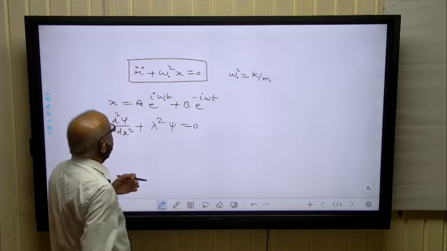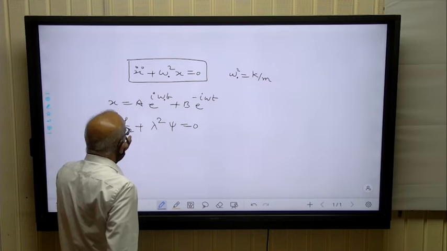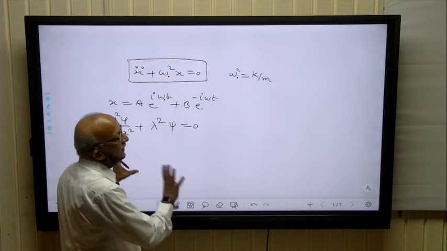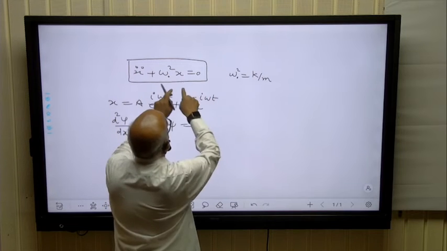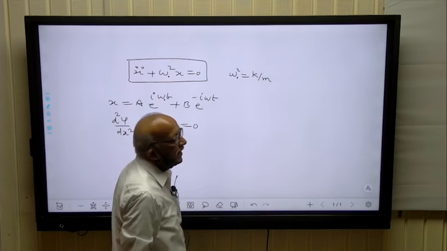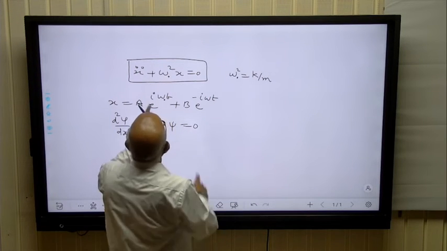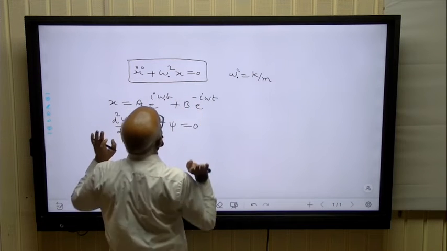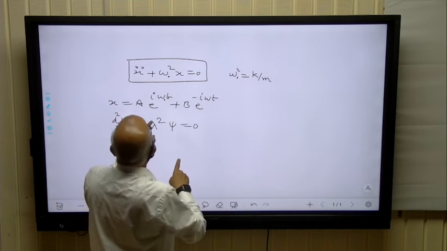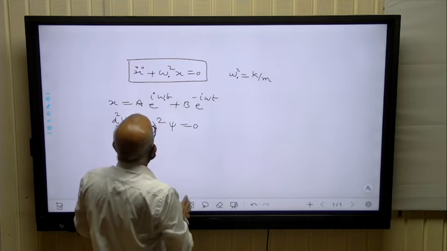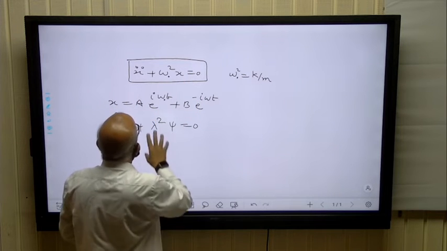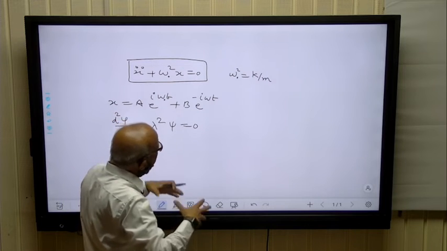We can say, in other words, psi is a function of x. Now this is the standard equation of simple harmonic motion, and its solution is this. If I compare these two equations, we find that both have the same nature.